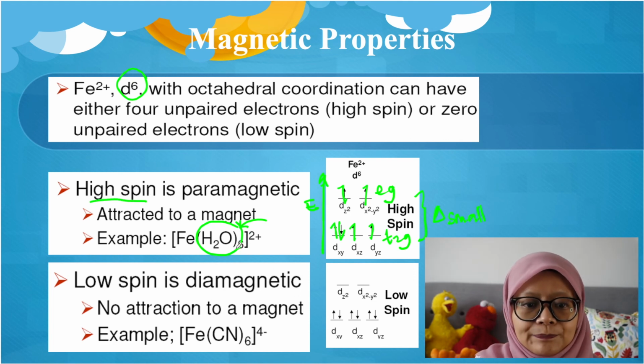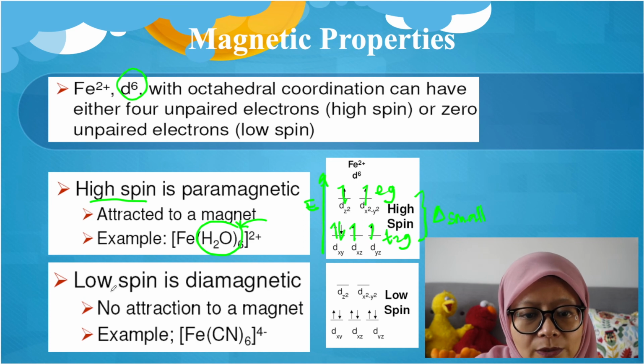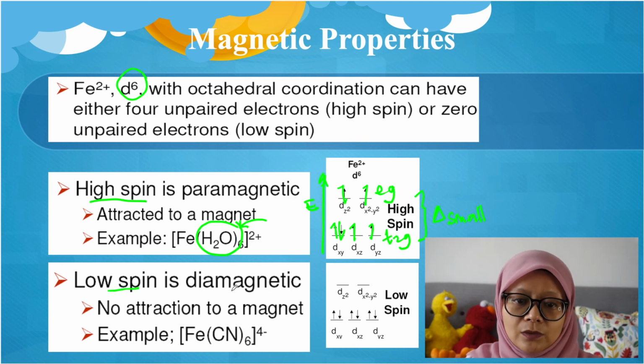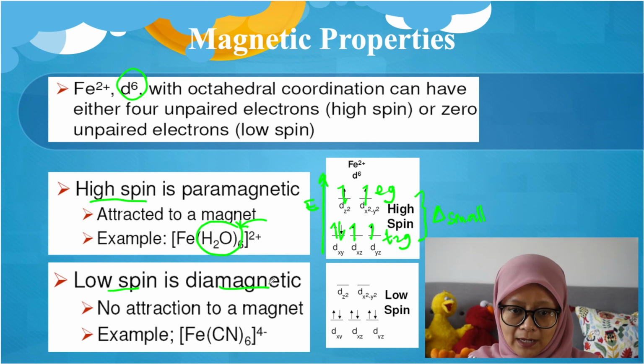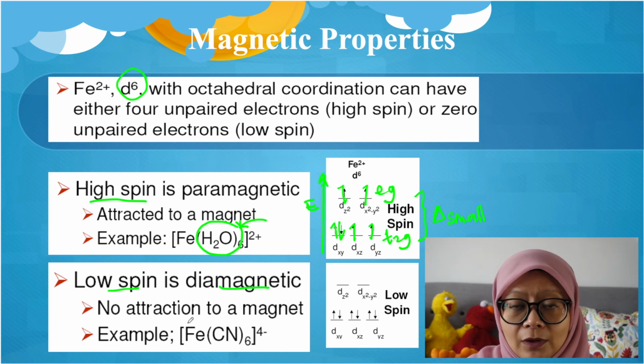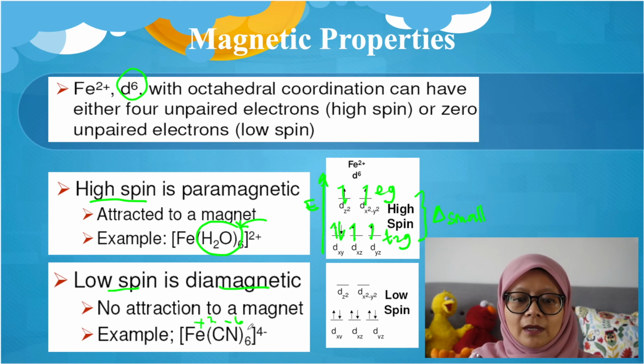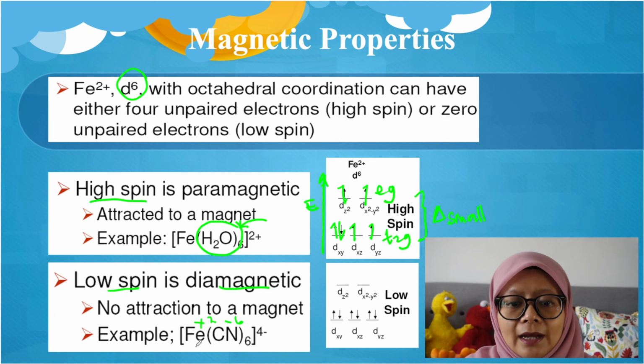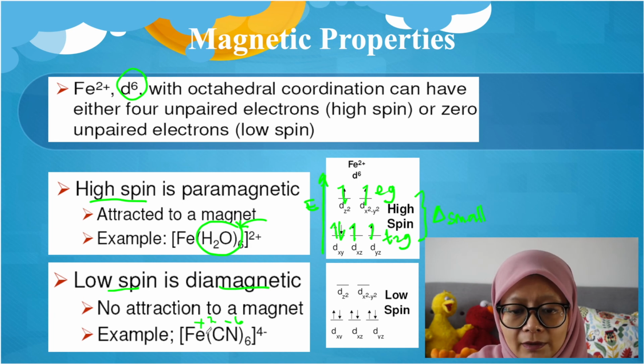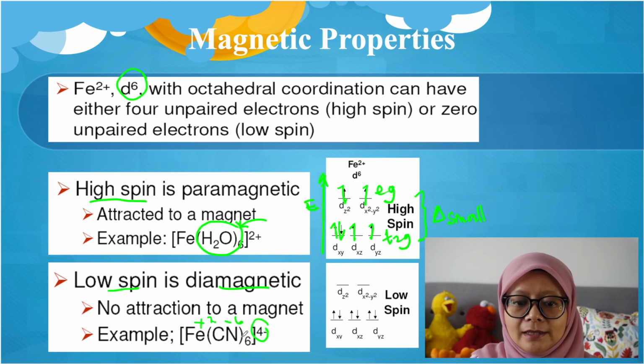Second example here, I have a low spin complex and also a diamagnetic compound, not attracted to a magnet. For example, here we have 6 times -1 is -6, this is 4, so this is +2? Hexacyanoferrate(II). Why ferrate? Because this is negative.